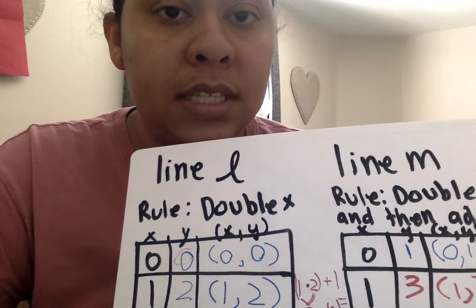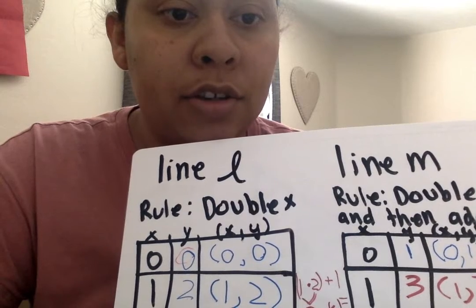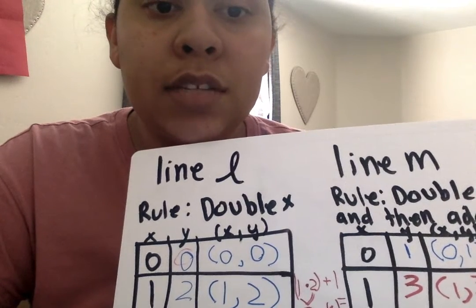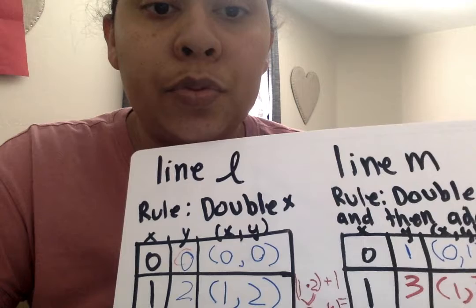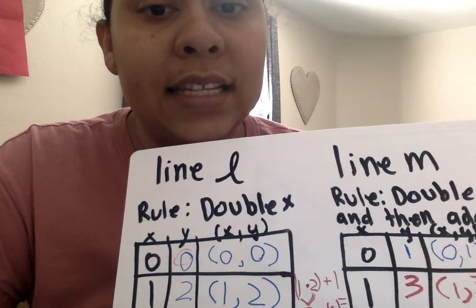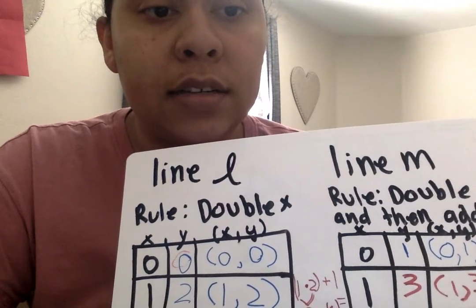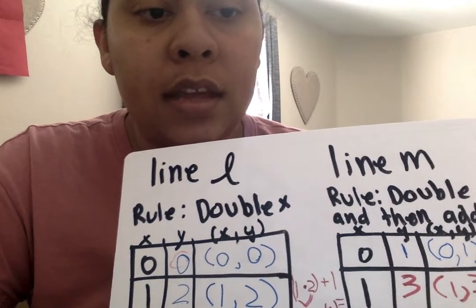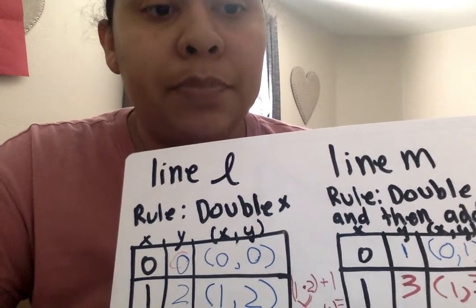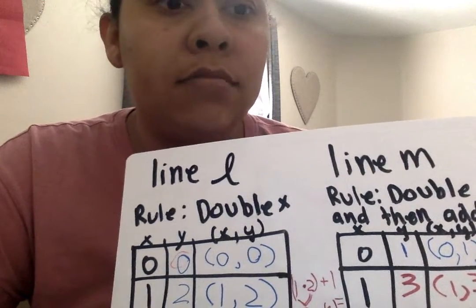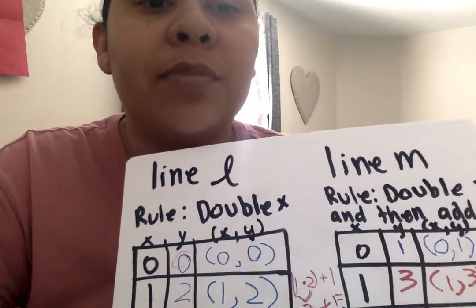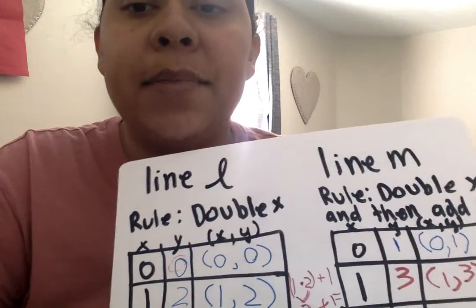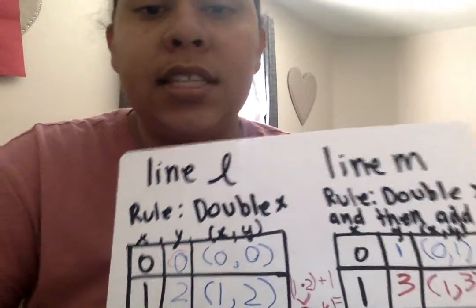So problem C says, based on the patterns you see, predict what the line for the rule double X and then subtract 1 would look like. Draw the line on the plane above. So I predict that this line will be blank to lines M and L. So let's think about the rule.